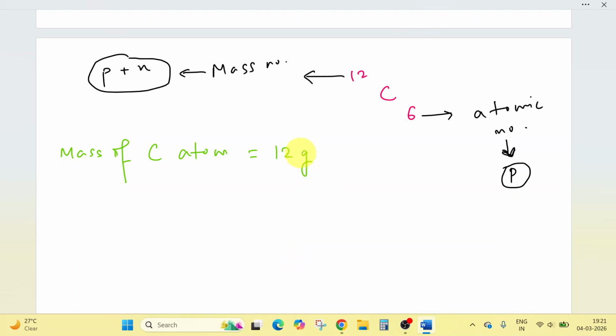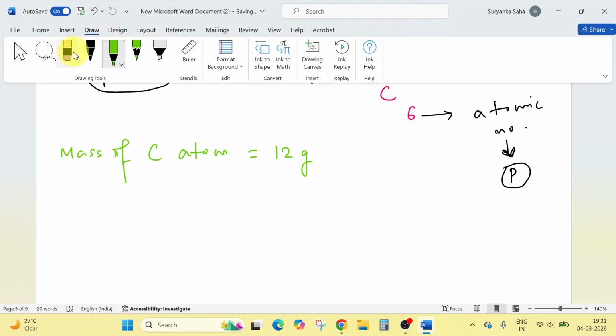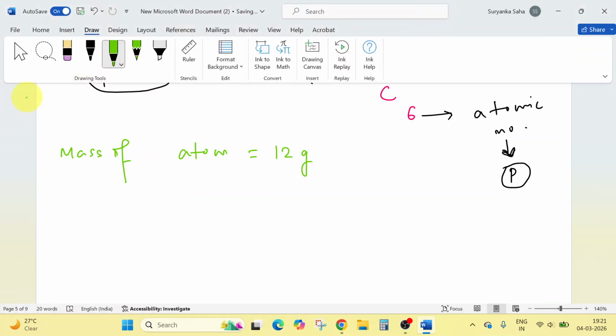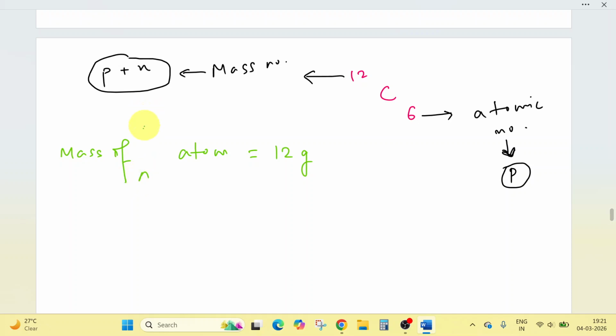But here in the periodic table, if you see, you know there is a table called the periodic table, in class 8 you have studied. In the periodic table it will be written in gram. So basically the mass of carbon, it is not about one carbon atom, it is the mass of N0 carbon atoms. Now what is this N0?